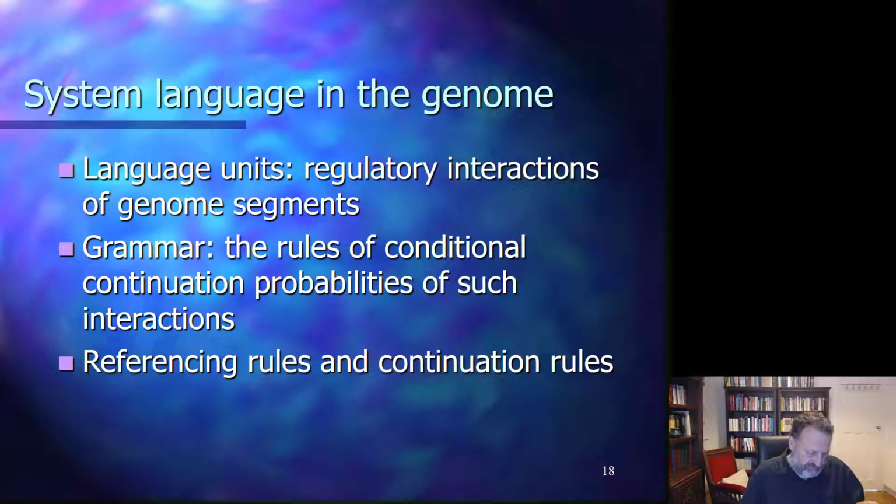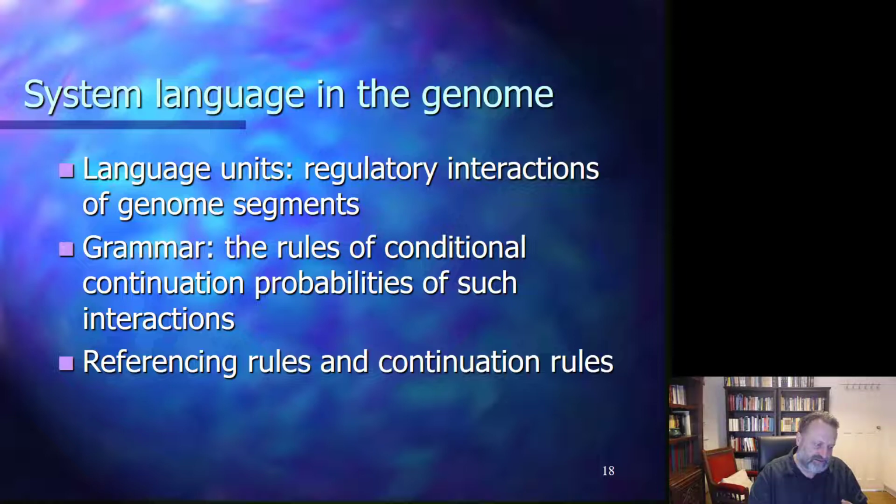So, what we discussed so far shows that the genome is seen as a system of molecular interaction communications, where the language units are these regulatory interactions of the genome segments, which lead to the activation of some of the segments that ultimately transcribe into mRNAs. The grammar is seen as the conditional rules which tell the probabilities of what may follow previous molecular interactions.